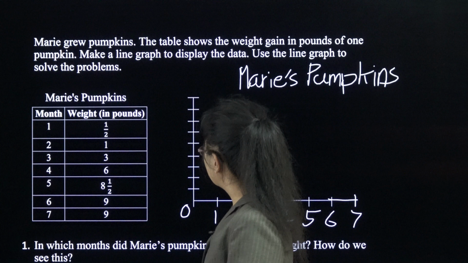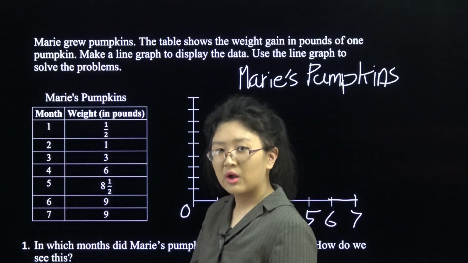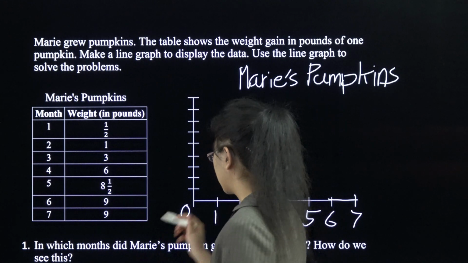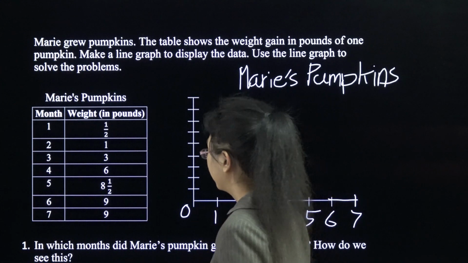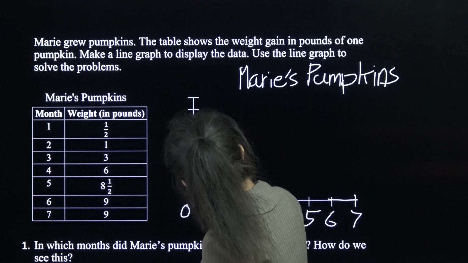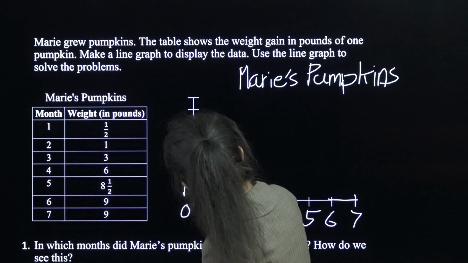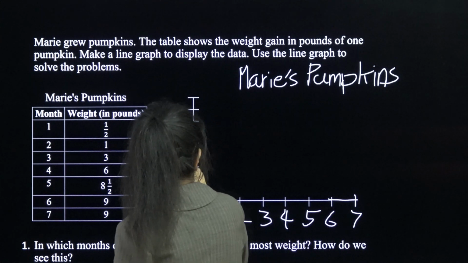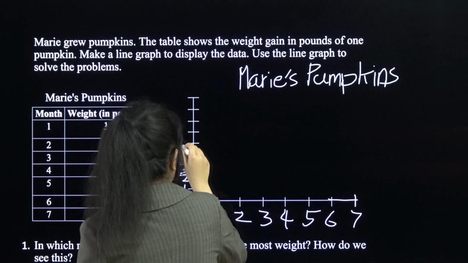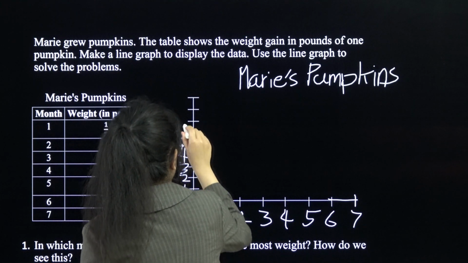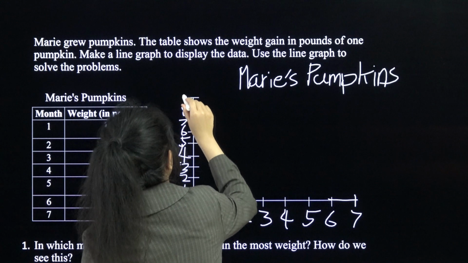A good interval would be 1, which is actually pretty good because half is just half of the thing. Half of a marking. So 1, 2, 3, 4, 5, 6, 7, 8, 9.